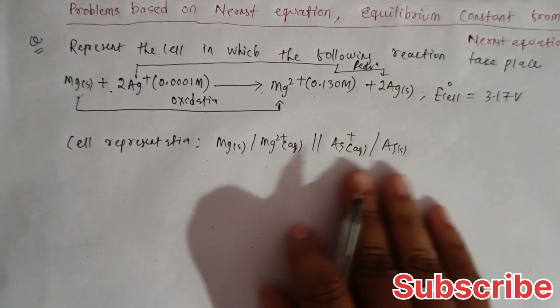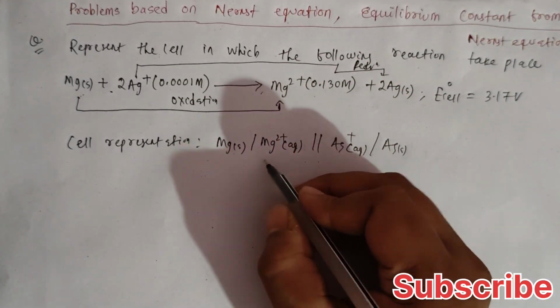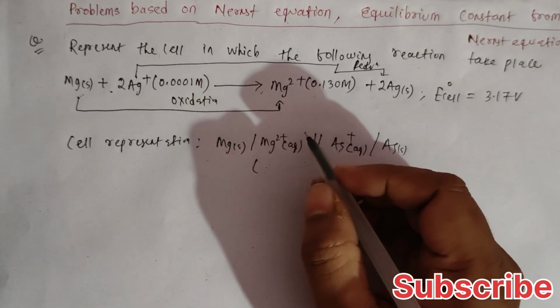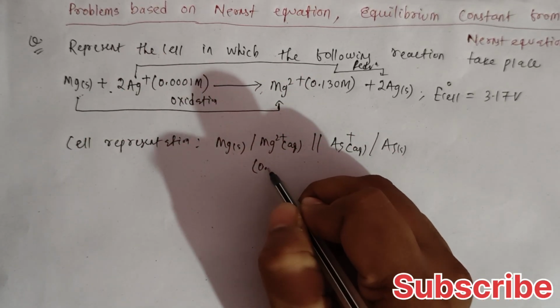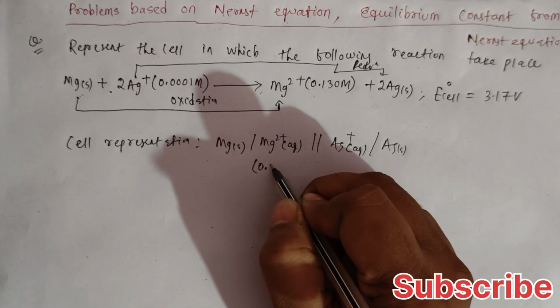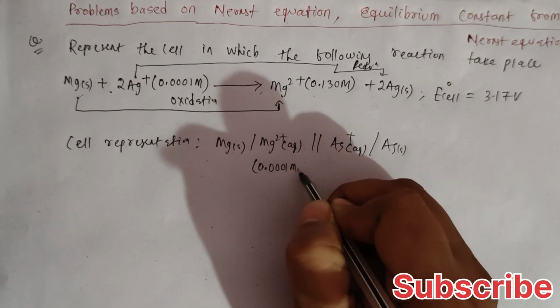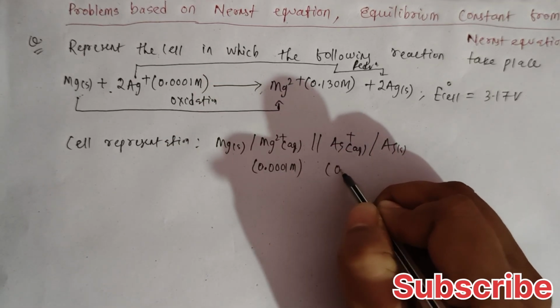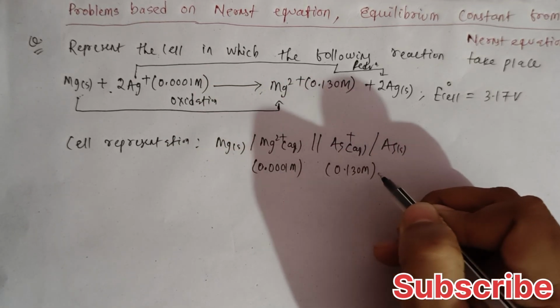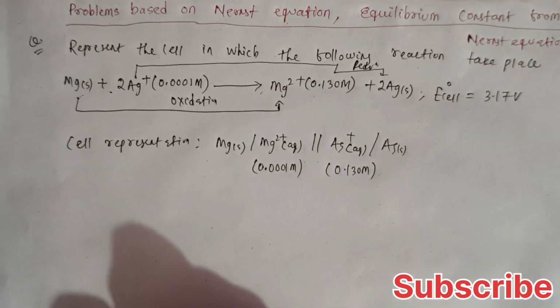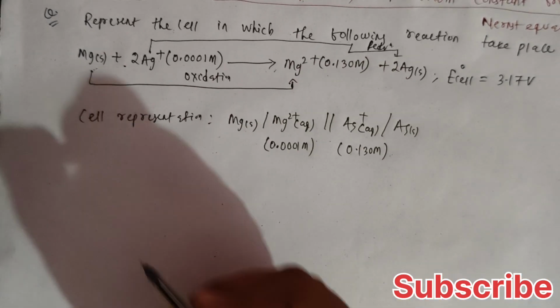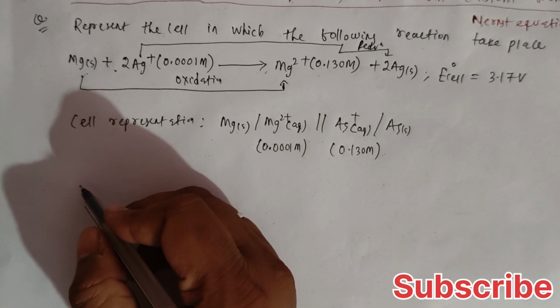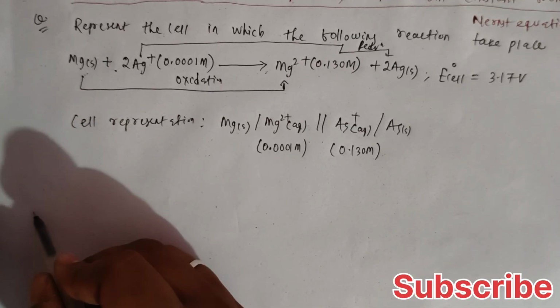Okay, this is the representation of a galvanic cell. Here the concentrations are also given: the concentration of Mg2+ ions is 0.0001 M, whereas Ag+ is 0.130 M.